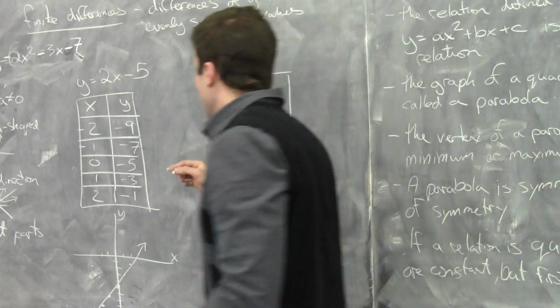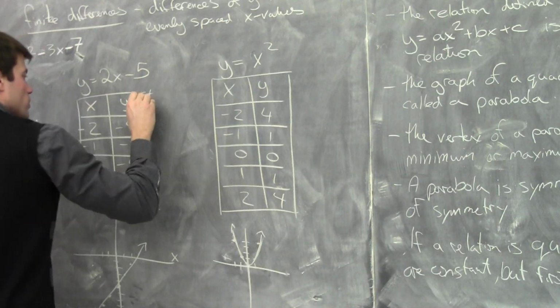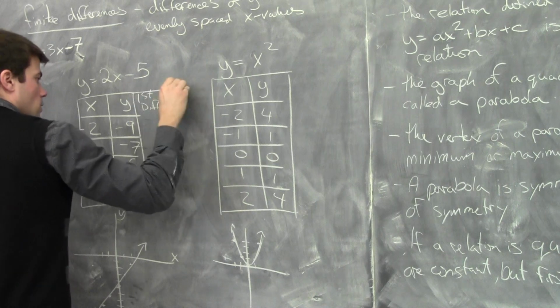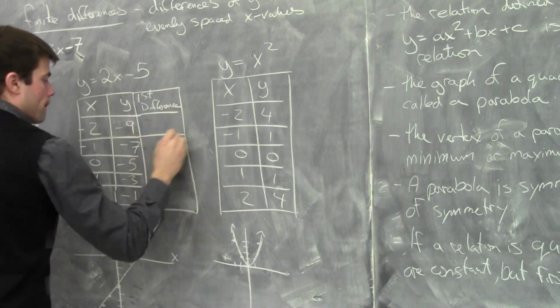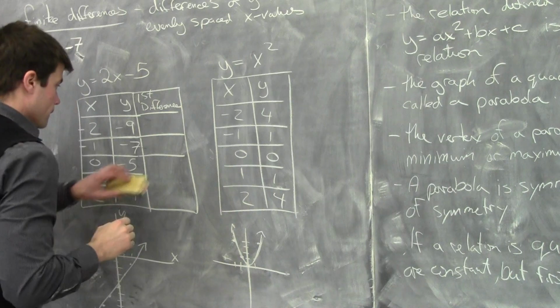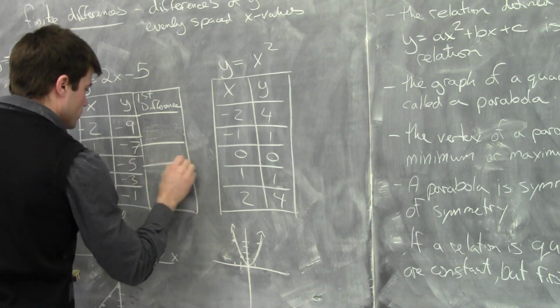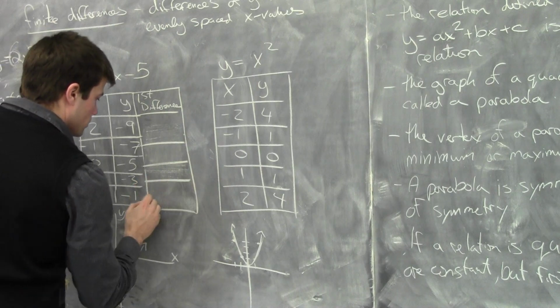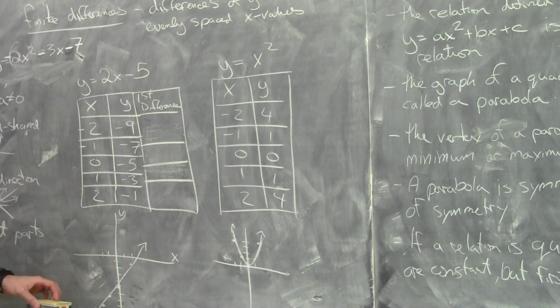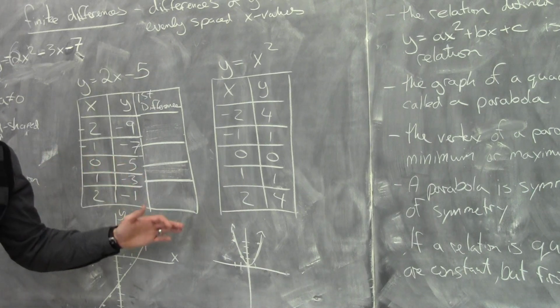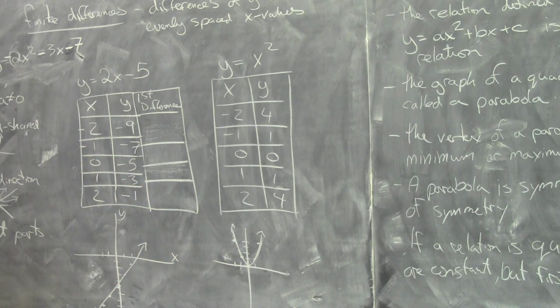So in this case, you would write first differences here. All right, so this is very important. This is how we can algebraically identify whether a graph is linear or whether the graph is quadratic.